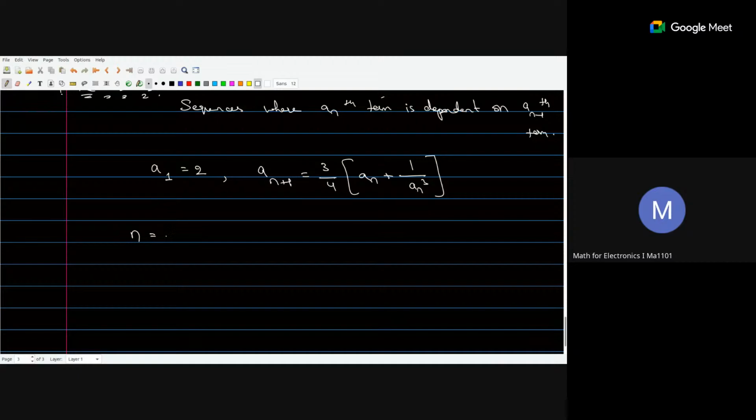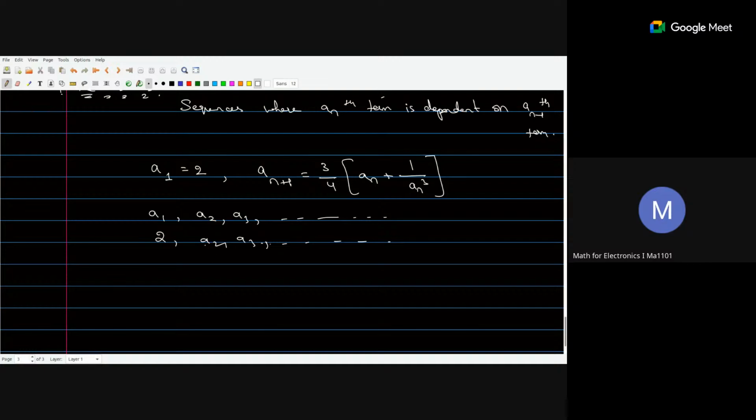In order to get the second term, you just have to equate n to 1, because I will tell you why. The sequence is like this: A1, A2, A3, and so on. A1 you know, which is 2, but A2, A3 and the rest you should identify from this relation.